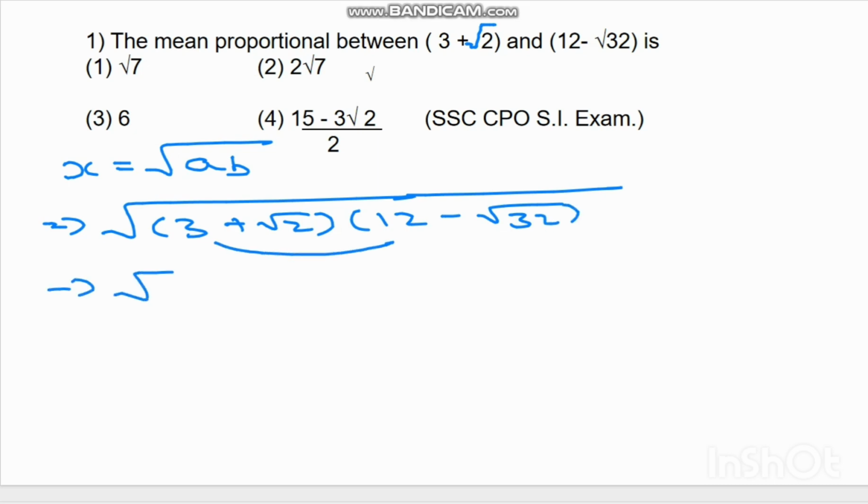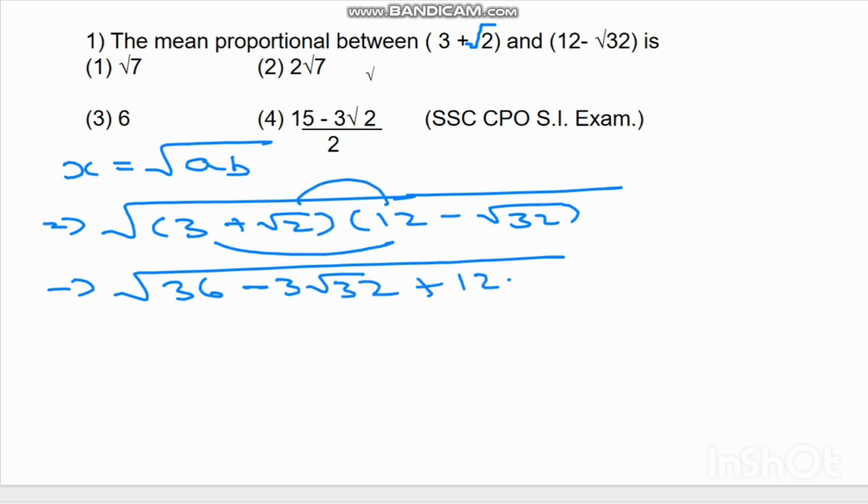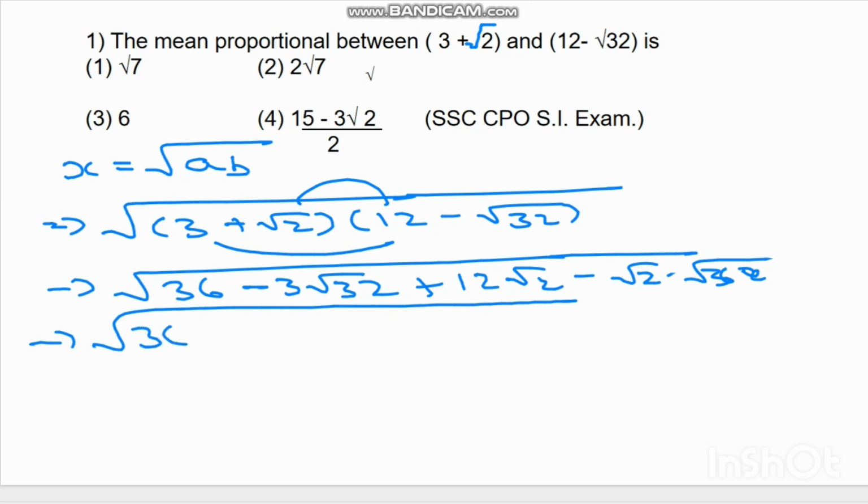So 3 into 12 is nothing but 36, minus 3 root 32, plus 12 root 2, minus root 2 into root 32. 32 can be written as 16 into 2. Here root 2 and root 2 will be cancelled. So 2 into 32 is nothing but 64.